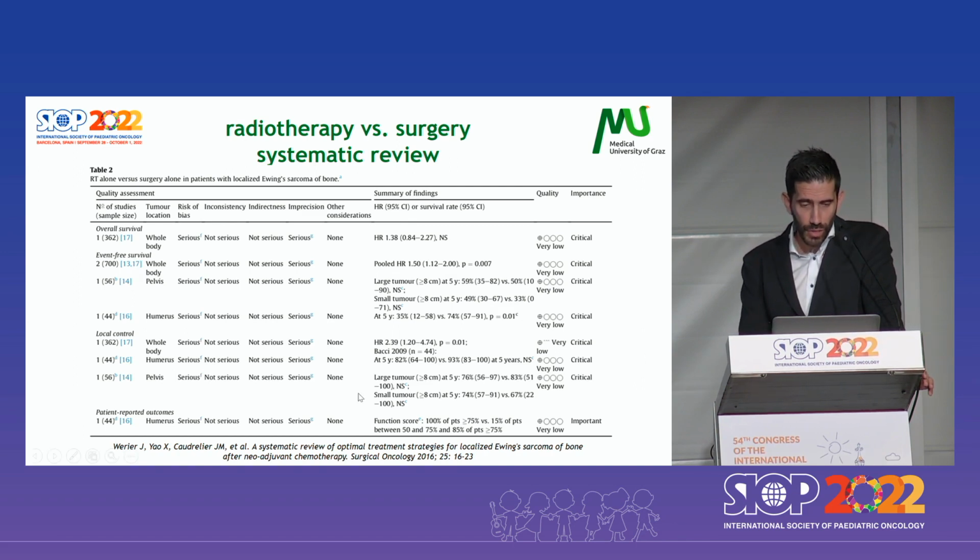As you can see here, radiotherapy was associated in this systematic review with a slightly higher risk of local recurrences compared to surgery, but there were no differences in overall survival. And more importantly, if we systematically evaluate the quality of these studies, we see that all studies that were available at that point were considered to be of very low quality, and they had a very high, serious risk of bias, which is something that we need to keep in mind.